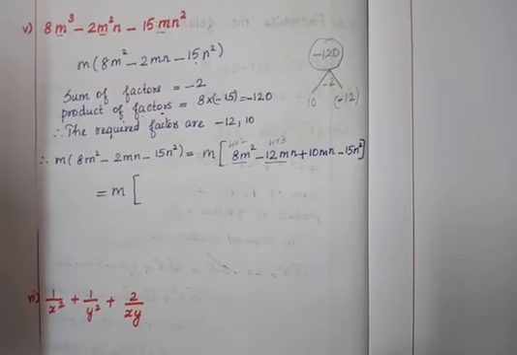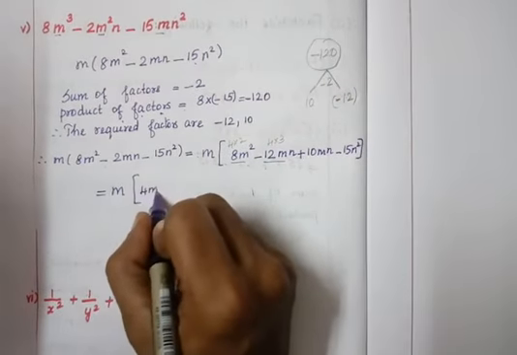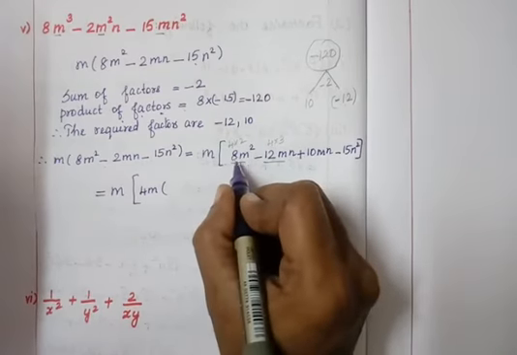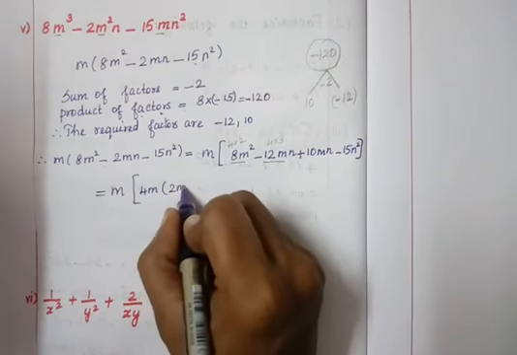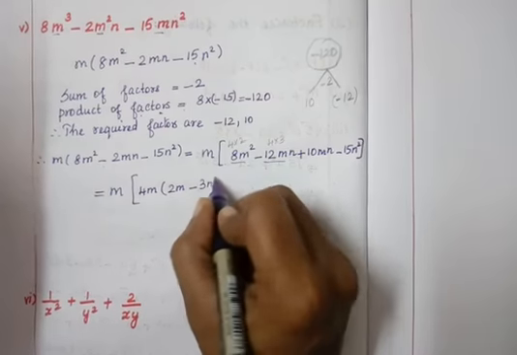So common factor is 4m. Then what is remaining? 2m minus 3n.